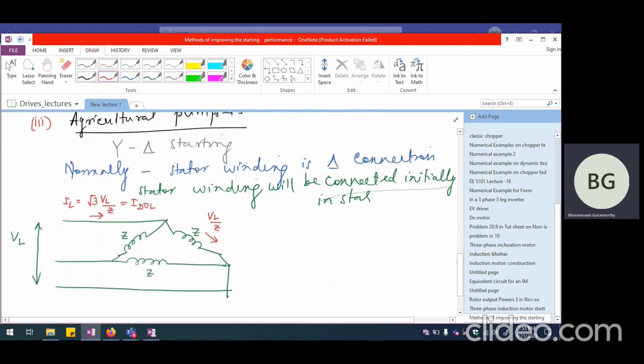Direct online starting current is going to be as high as √3 VL by Z.